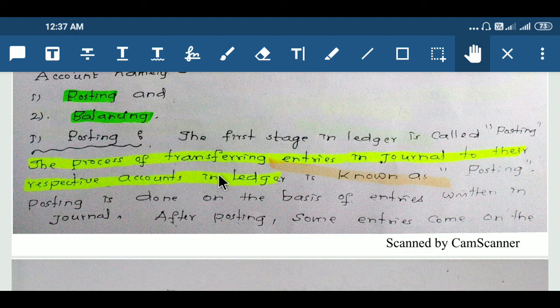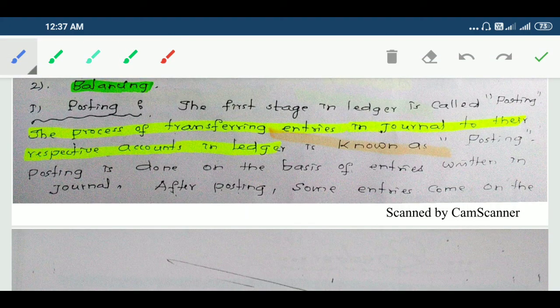The process of transferring entries in journal to their respective accounts in ledger is known as posting.